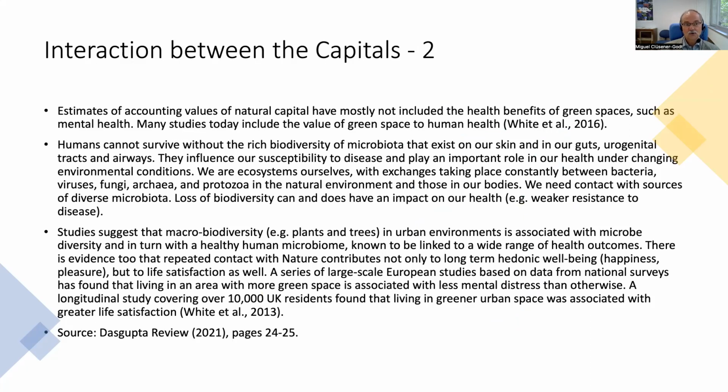So we must also include other natural capitals, for example, on our health, of green spaces, and of our mental health. This is quite important. Why do we like to walk in forests? Why do we have cities in parks? Of course, there are some, let's say, hard measurable outcomes.